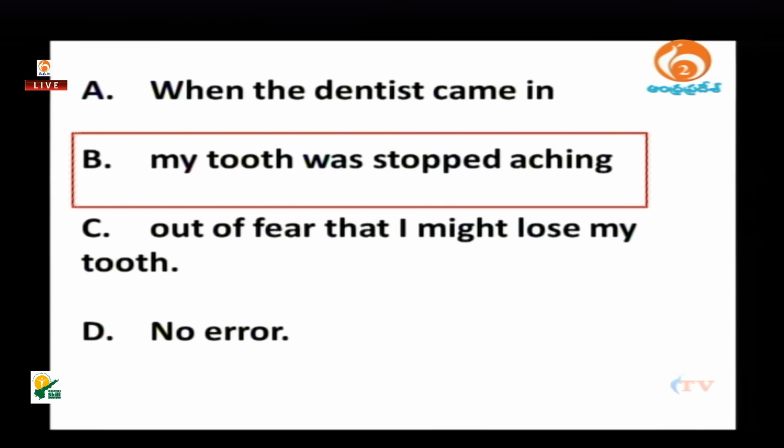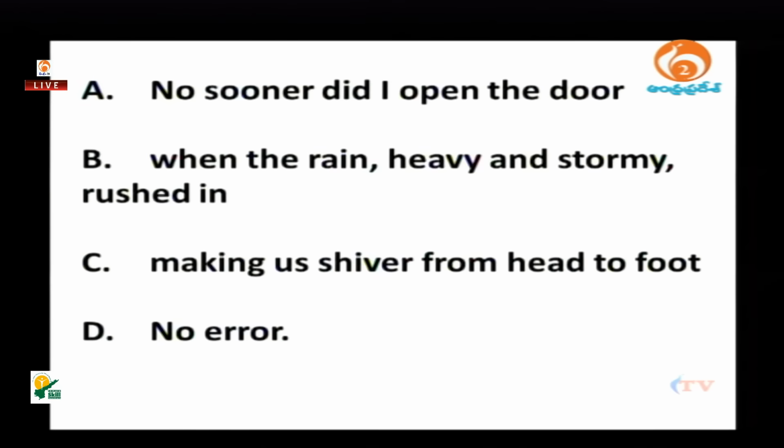So, when the dentist came in, my tooth stopped aching out of fear that I might lose my tooth. If you pay attention, the spelling of lose is L-O-S-E, it's not L-O-O-S-E, because lose is the present of lost. L-O-O-S-E means opposite of tight. So remember that way. Next question.